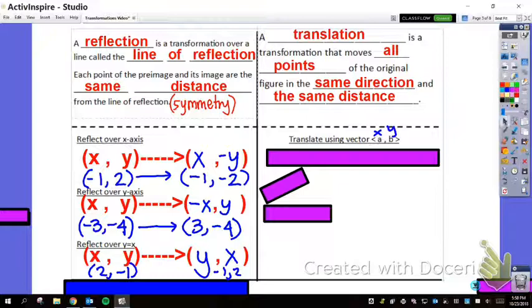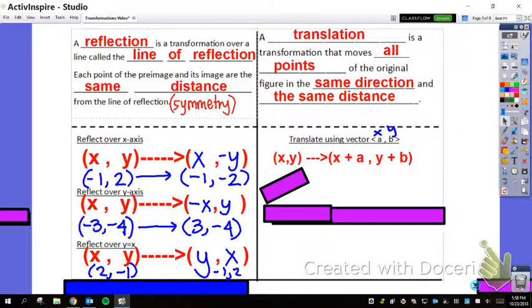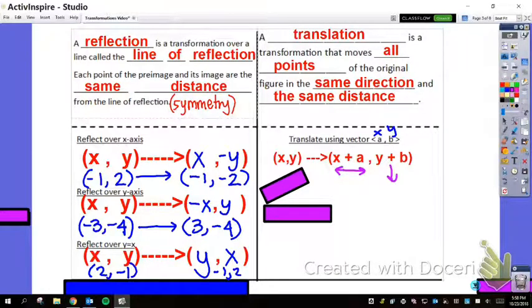So when we start out, we have our first point, (x, y), and we add a to x, so x plus a, and to y we're adding b, so y plus b. Our x is always our horizontal movement, and our vertical movement is our y.